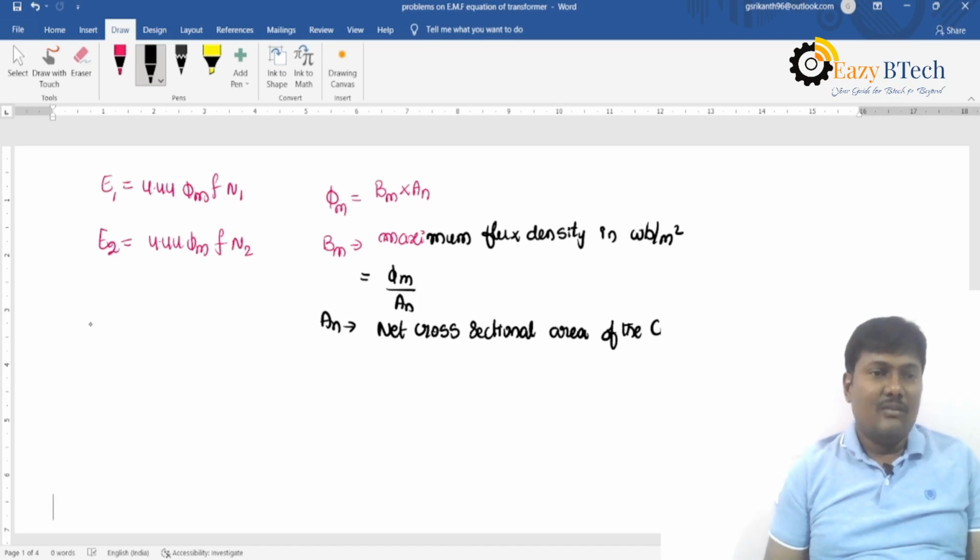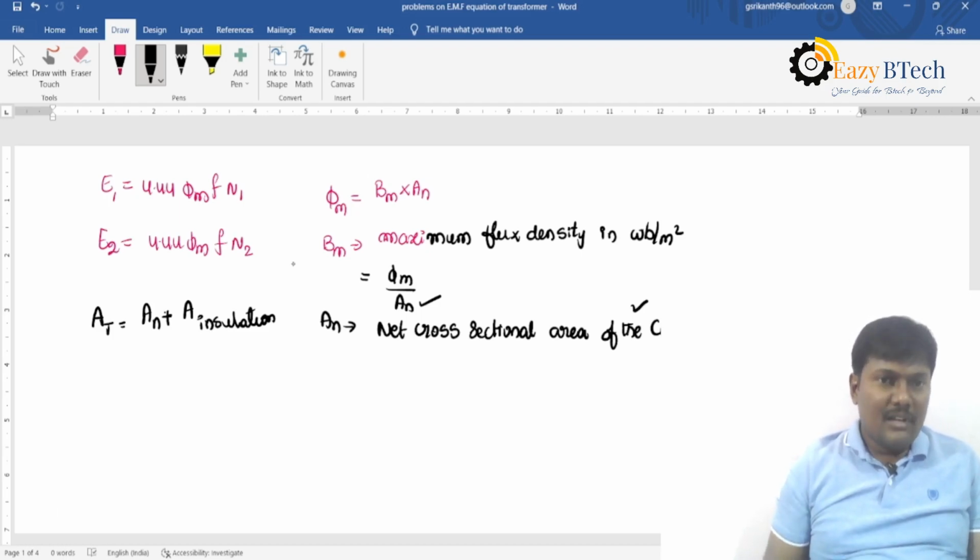Similarly, we have a total area of the transformer, that is the net cross sectional area of the core plus the area of the insulation. But in the E.M.F equation of a single phase transformer, we should consider only the net cross sectional area of the core. So replace Φmax with Bmax into AN in the E.M.F equation.